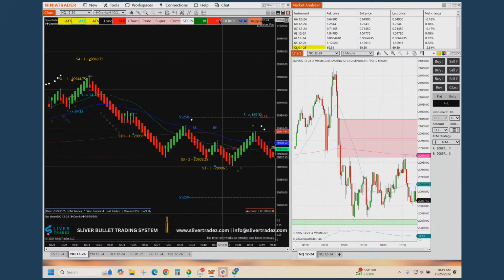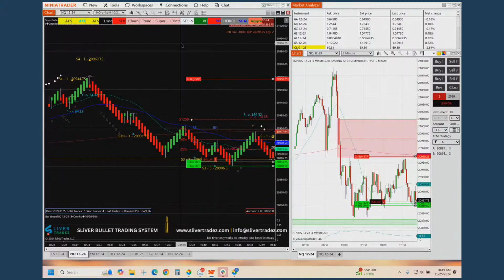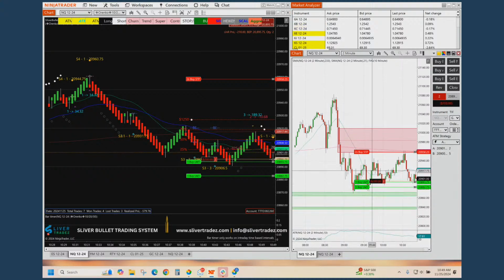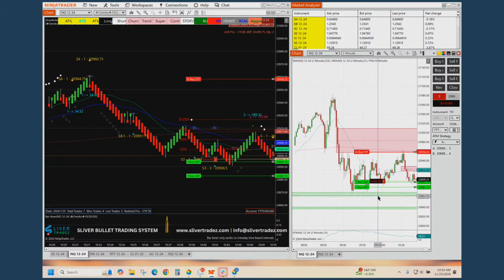I'll have to trade with order filled. This is more of a manual trade because I expect market to push down now and come all the way here.